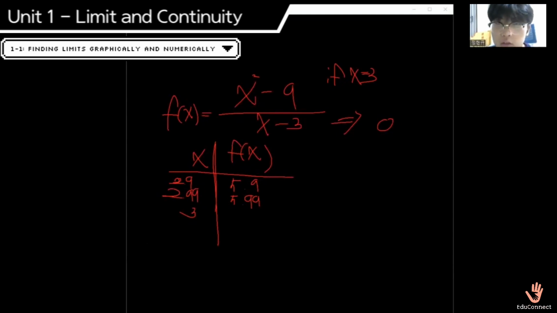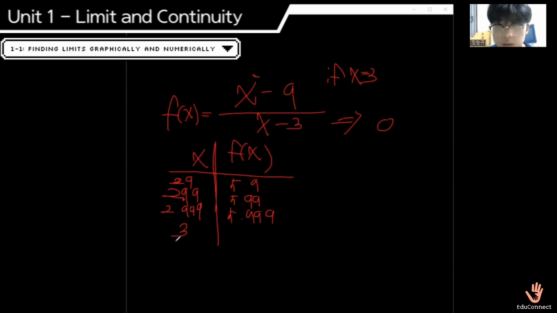Now, to get even closer to 3, we can let x equal 2.999. And if we evaluate the function for x equals 2.999, we get 5.999. And once again, there is no f of 3.